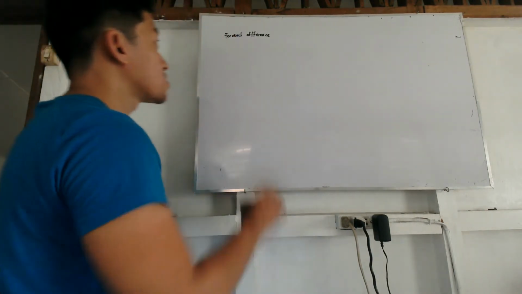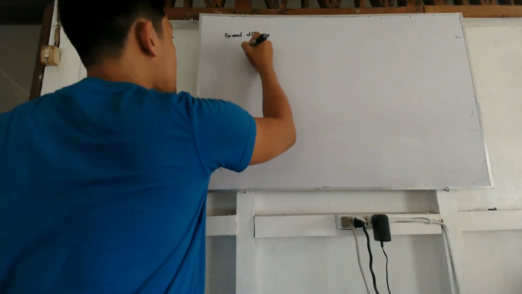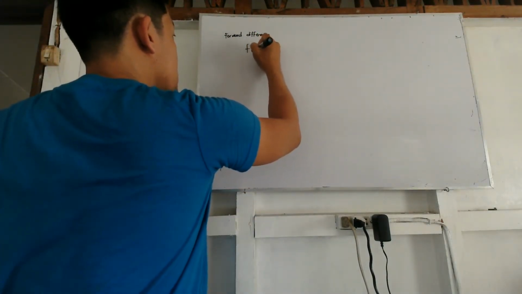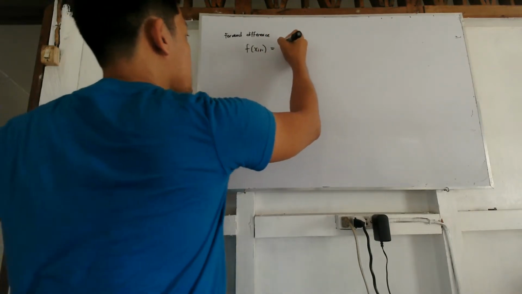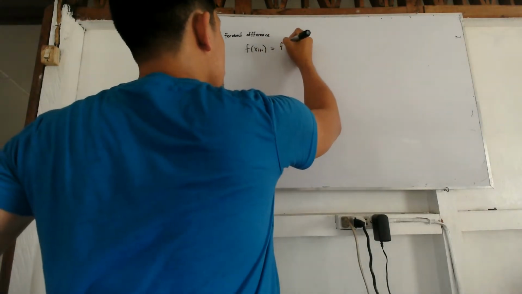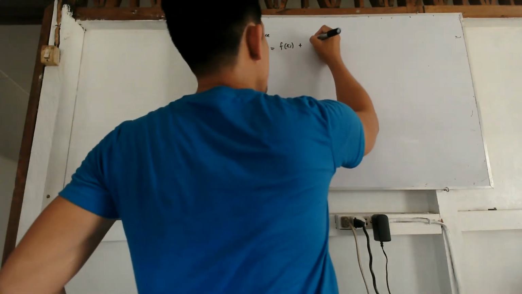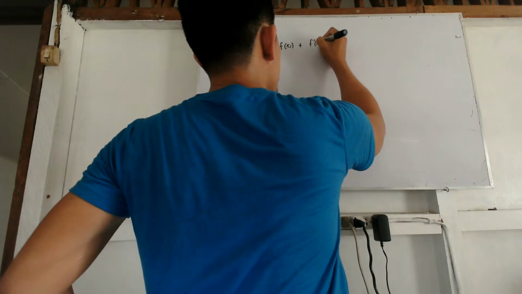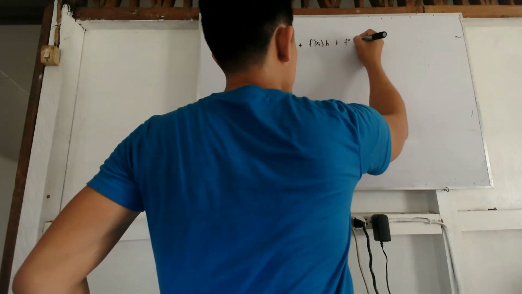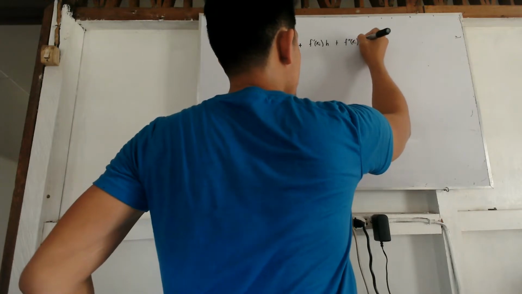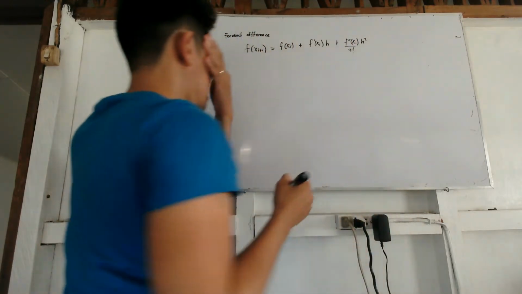So what is this forward difference? Again, let's write the Taylor series. So the Taylor series states that f of x sub i plus 1 is equal to f of x sub i plus first derivative of x sub i times h plus f double prime of x sub i h squared over 2 factorial.